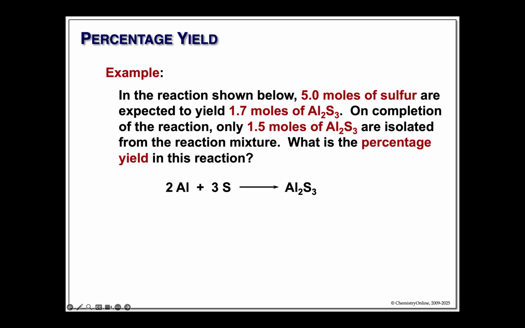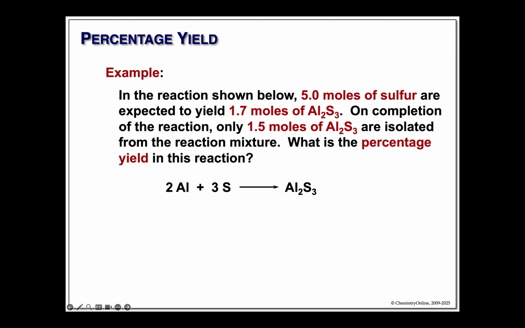All right. Let's do a couple examples here. This one is fairly straightforward because you don't have to do any calculations, really. 5 moles of sulfur are expected to yield 1.7 moles of aluminum sulfide by this reaction. When we do it, we weigh the amount of product, convert it to moles, and it's only a mole and a half.